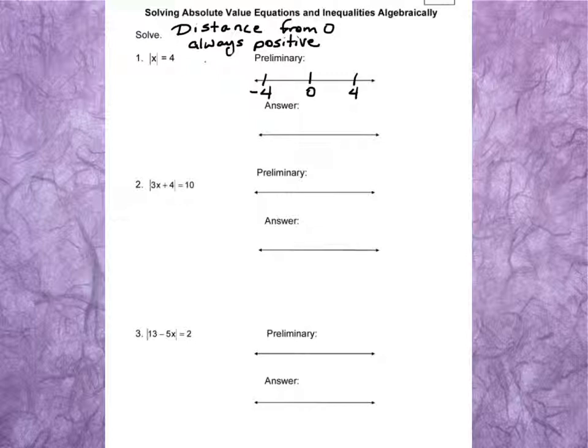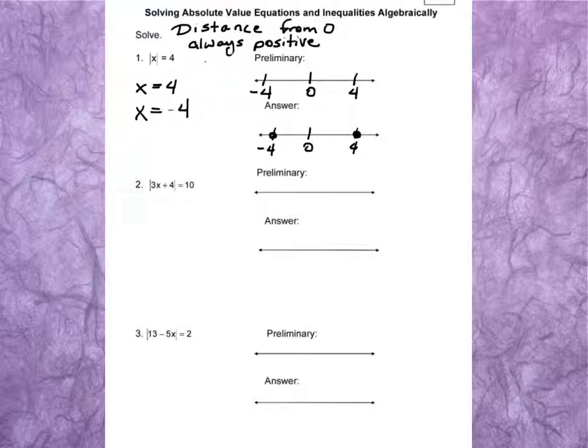So the answer to this, absolute value of x equals 4, will be that x equals 4 and x equals -4. Now notice in these two answers there's no absolute value marks. That's the answers to this absolute value equation. And in this case, the answer would be a point at 4 and a point at -4.